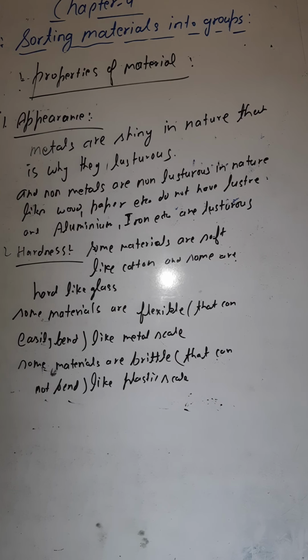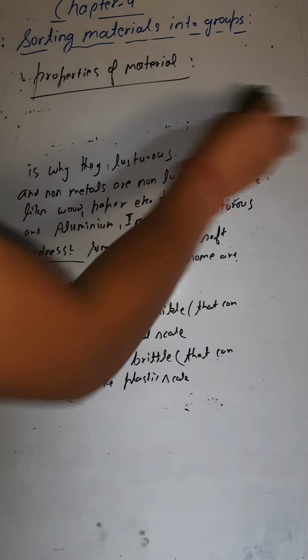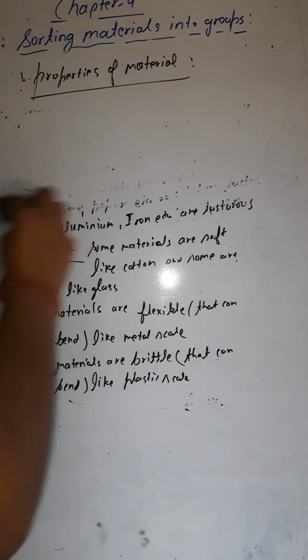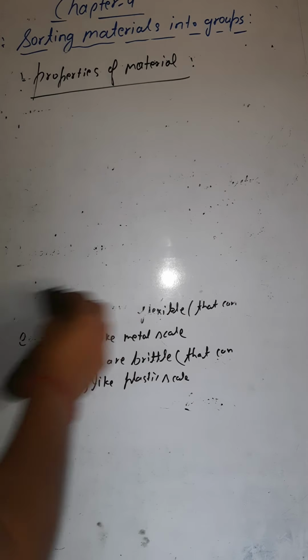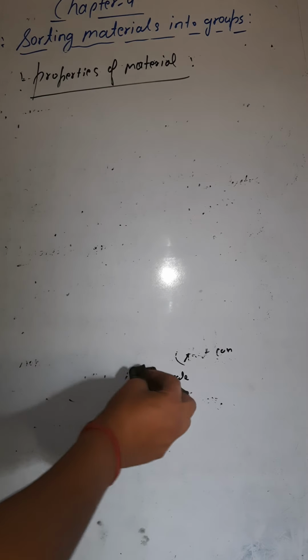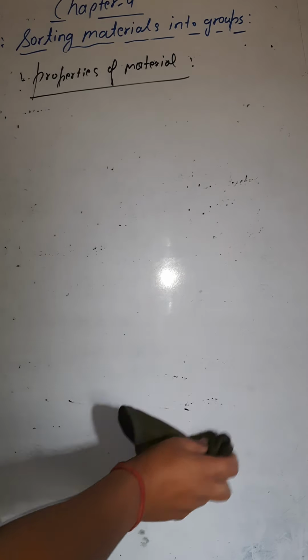Now we would be moving ahead towards the third property, that is solubility. You might have seen that some of the compounds, like sugar, salt, and lemon juice, are easily soluble in water.